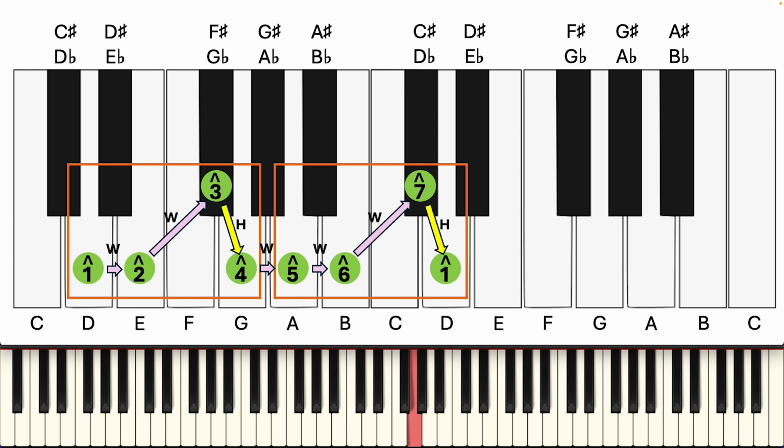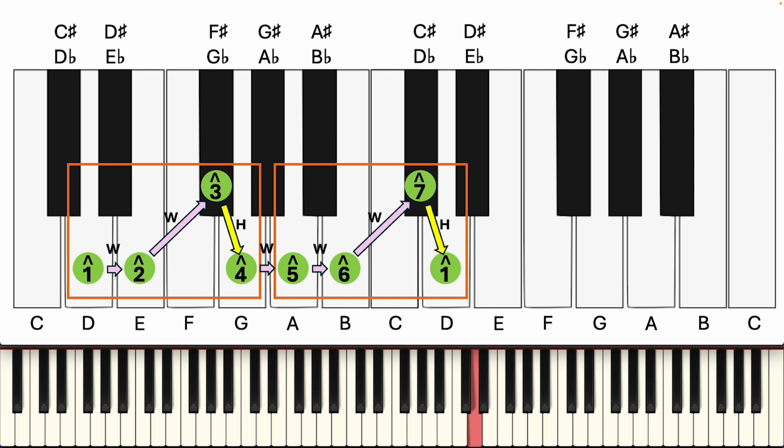Now we are starting with it. We have to continue. So we have whole, whole, half, and then we join with a whole, whole, and then we do again whole, whole, half. What did we do here? Again, we raised the scale degree 7. So in effect, the D major scale is basically this. You see, it sounds happy.